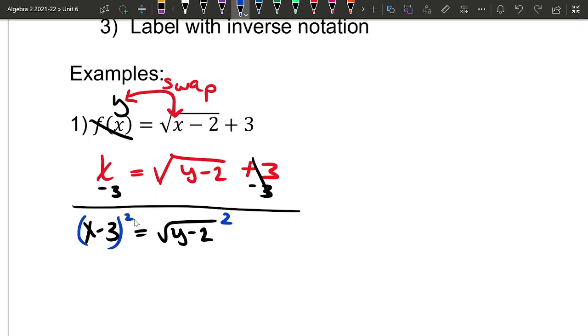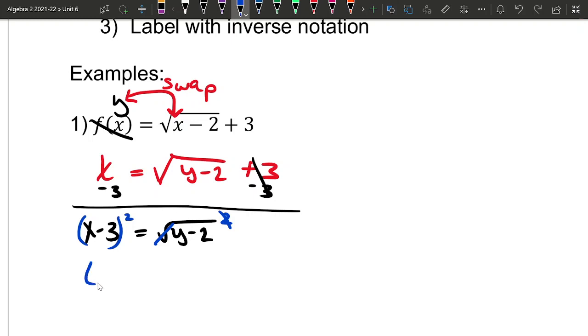So I put x minus 3 in parentheses and square it. Now the nice thing about this is I don't need you to multiply that out, because you're not solving it. I mean, I guess you're solving for y, but you're not solving an equation to get a solution. I just want you to rearrange it. So you don't need to multiply that out. You can leave it as x minus 3 squared. In fact, that's simpler than if you expanded it by multiplying it out. So that's better.